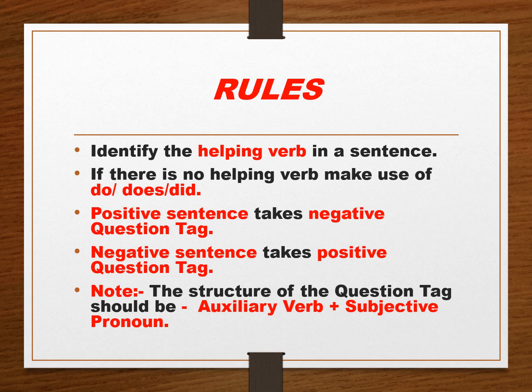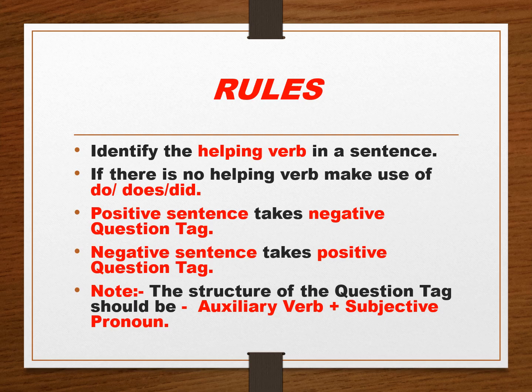After identifying the helping verb in the given sentence, we must identify whether the given sentence is positive or negative. If the sentence is positive, the tag should be negative. If the sentence is negative, the tag should be positive.